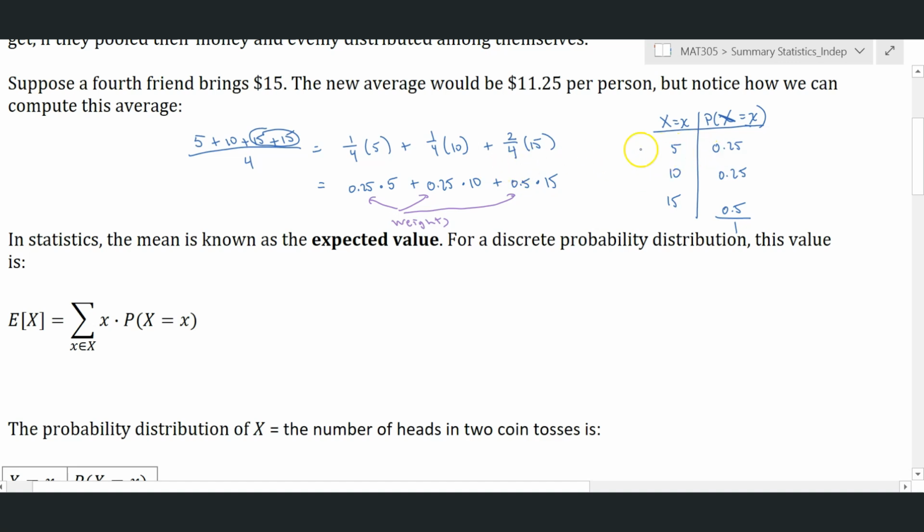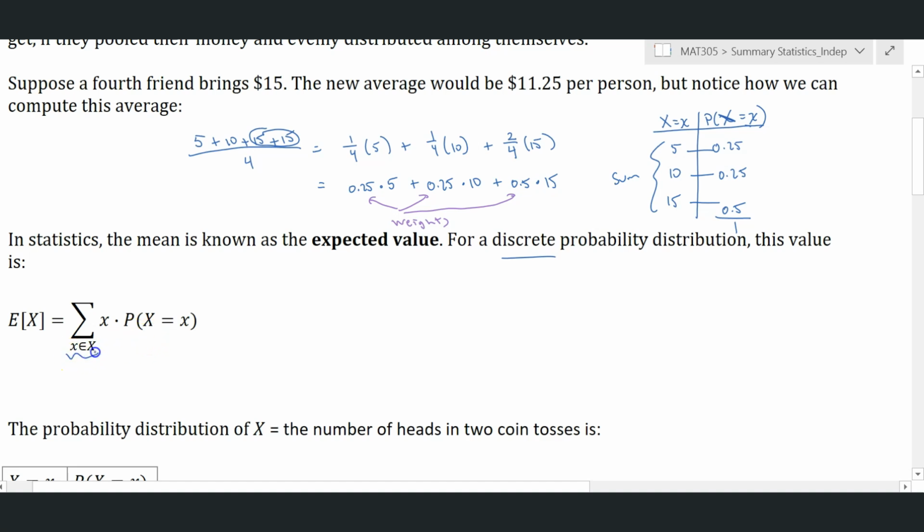To calculate the expected value, we could just multiply the values times their probabilities and then sum that result together. That's all we really do when we're talking about a discrete probability distribution: we take the value multiplied by its corresponding probability.